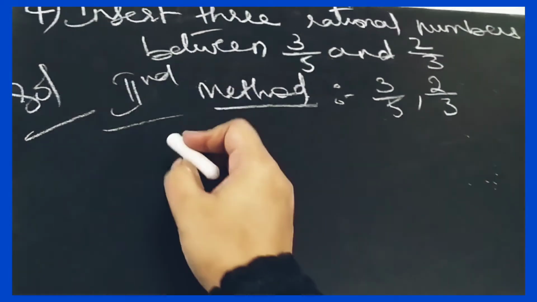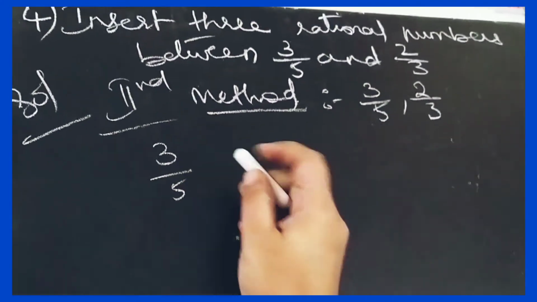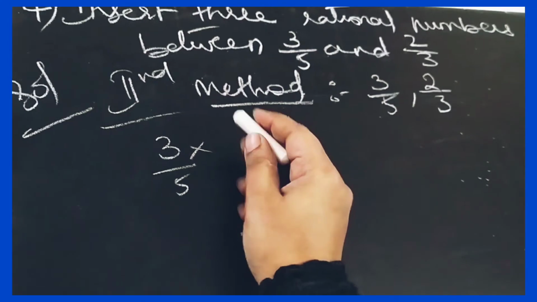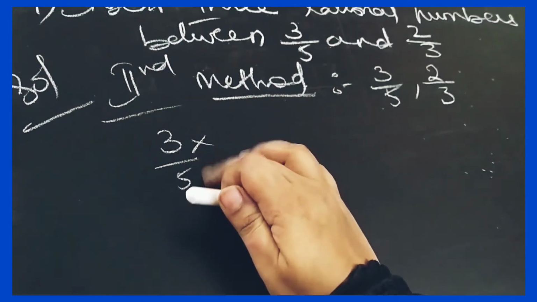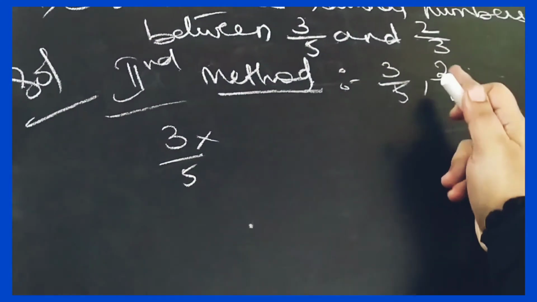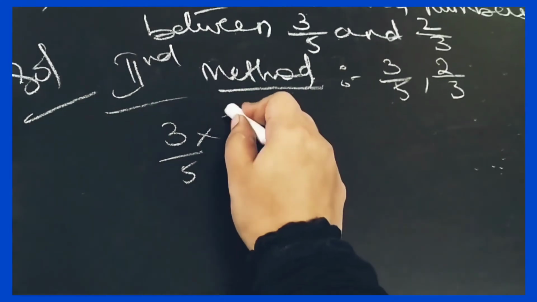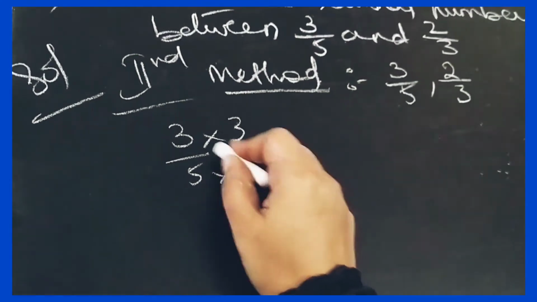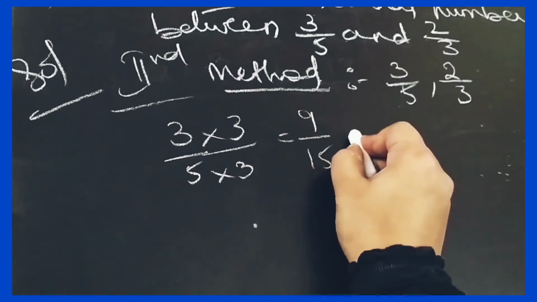Okay, now the second method. In the second method, we are making the denominator same. How will we make the denominator same? We multiply 3 by 5 with the denominator of the second number. What is the denominator of the second number? It is 3. So 3 into 3: 3 3s are 9, 5 3s are 15. We have got 9 by 15.